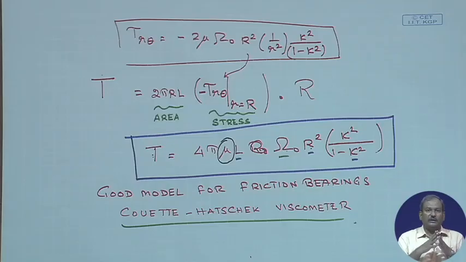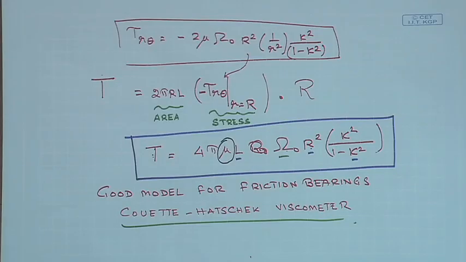There is only one more thing to add before we close the discussion on rotating viscometers, where one cylinder is rotated. Here you have seen that the inner cylinder is kept stationary, the outer one is being rotated. What happens if we do the reverse? That is, the outer is kept stationary, the inner is being rotated.